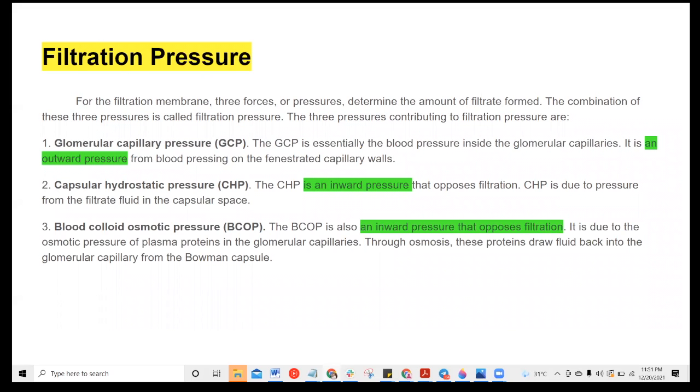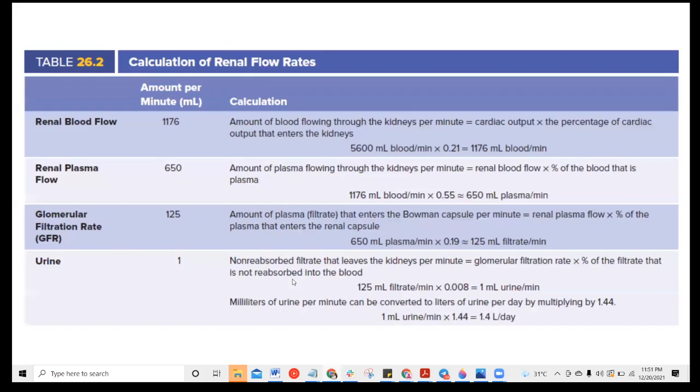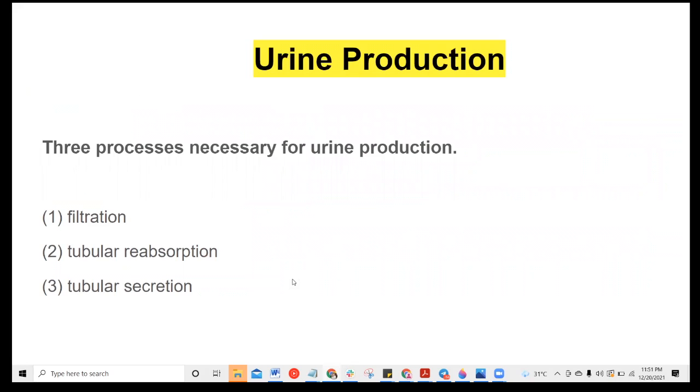All right, so let me just go back here to the filtration so that we can understand everything. The filtration process is the first process, right? This is a non-selective filtration and separates based only on size or charge of molecules.